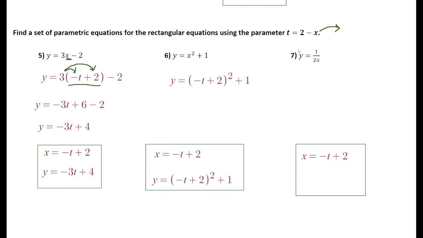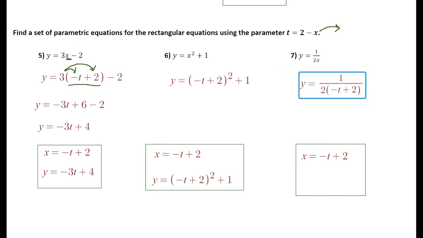Okay, so number 7, we've got y equals 1 over 2x. So we're going to substitute negative t plus 2 in for x in this equation. And we'll simplify if necessary. So we've got y equals 1 over 2 times x, but instead of x we're writing negative t plus 2.